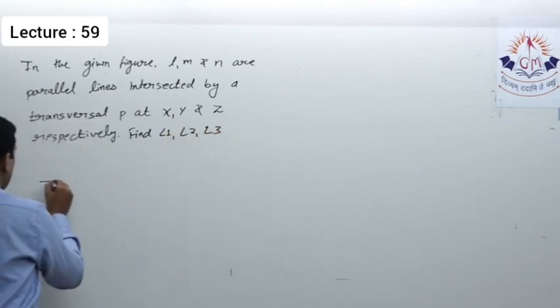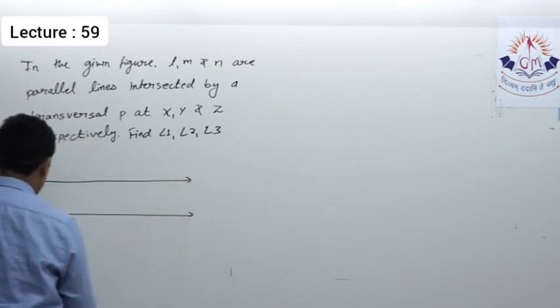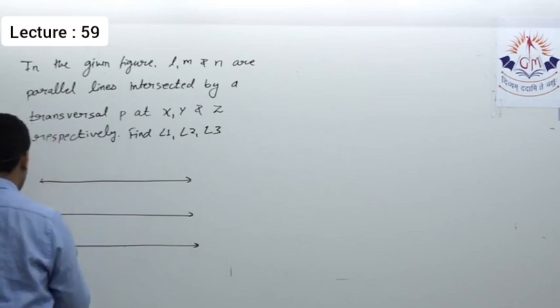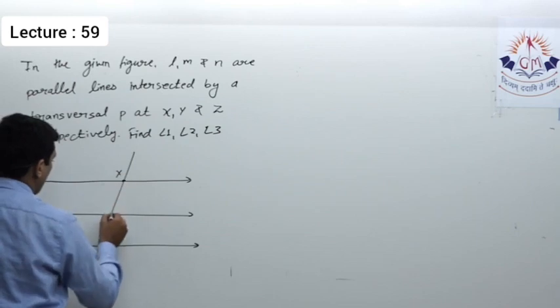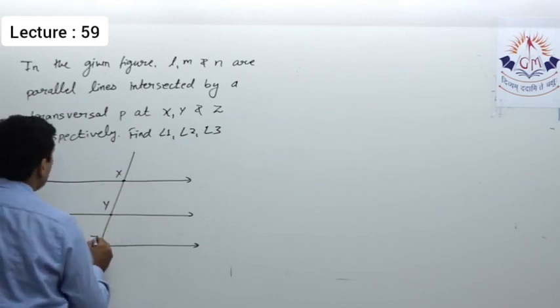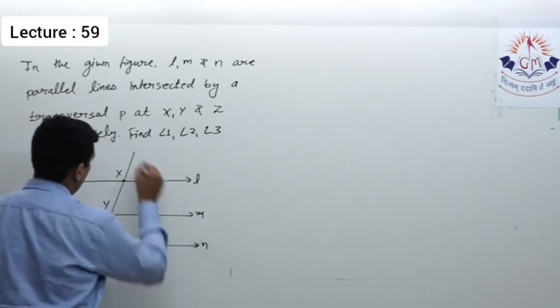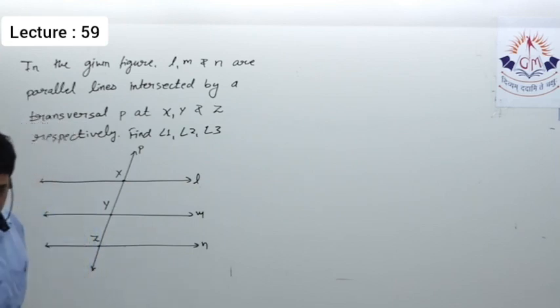So there are three lines which are parallel. And there is a transversal P. It intersects the lines at X, Y and Z. Lines are L, M and N. Transversal is P. So you have to find the measure of angle 1, 2 and 3.